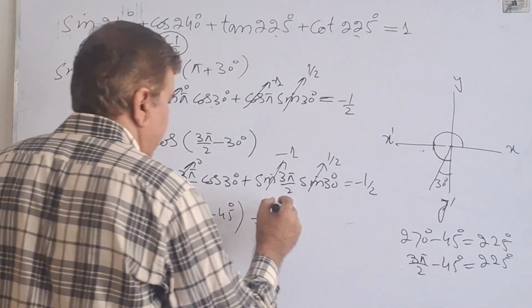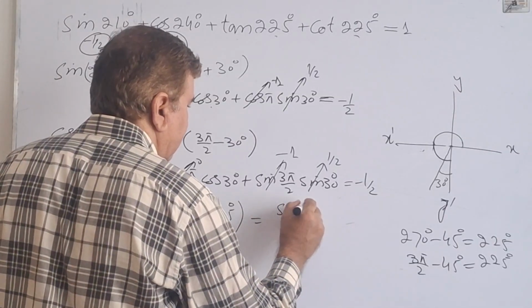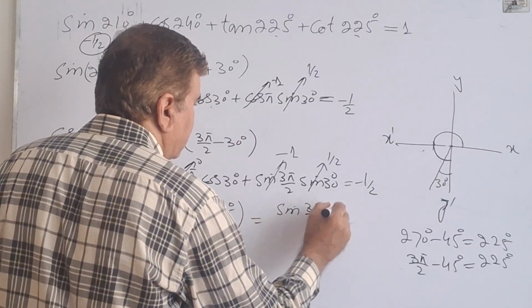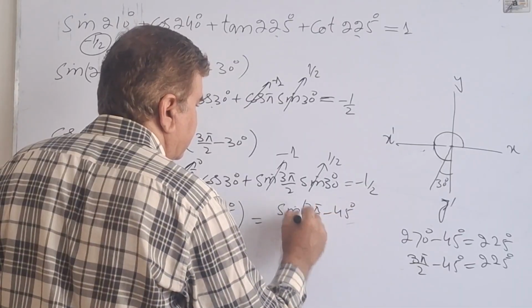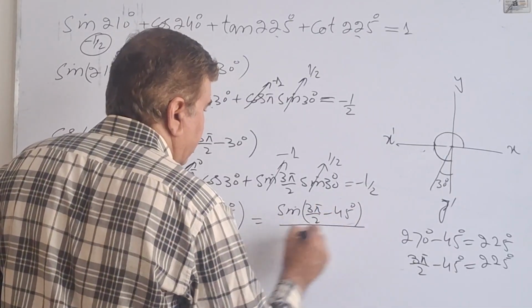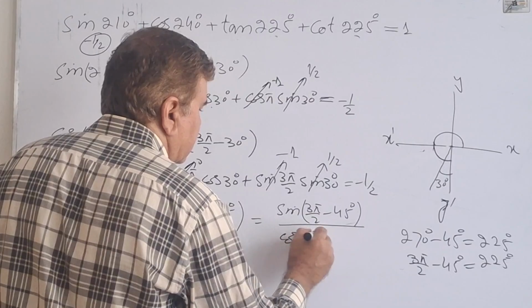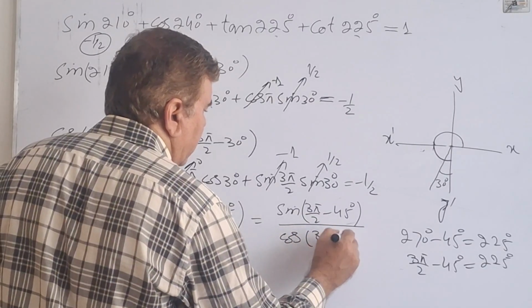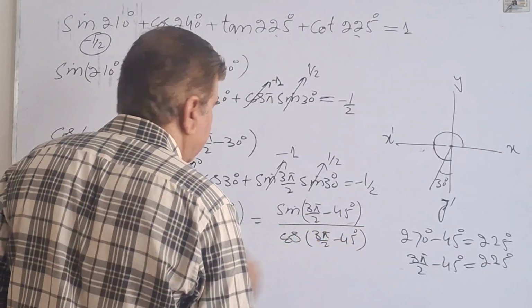which I can write as the ratio of sine and cosine. So I write this as sine of 3 pi divided by 2 minus 45 degrees divided by cos of 3 pi divided by 2 minus 45 degrees.